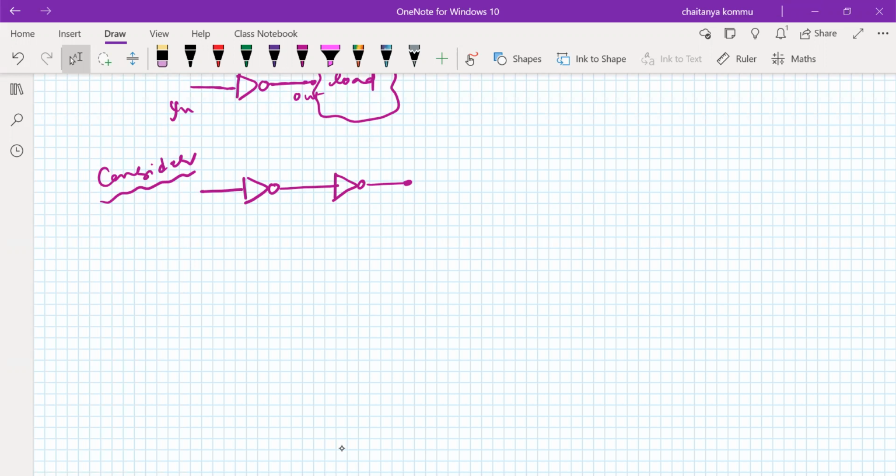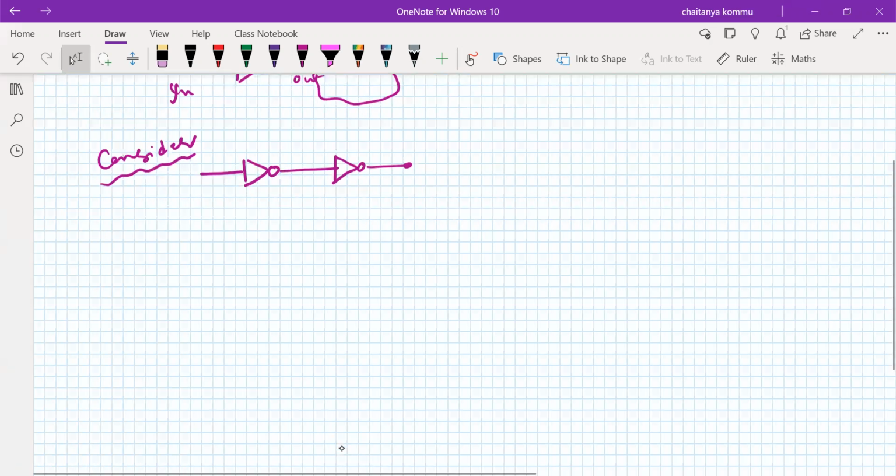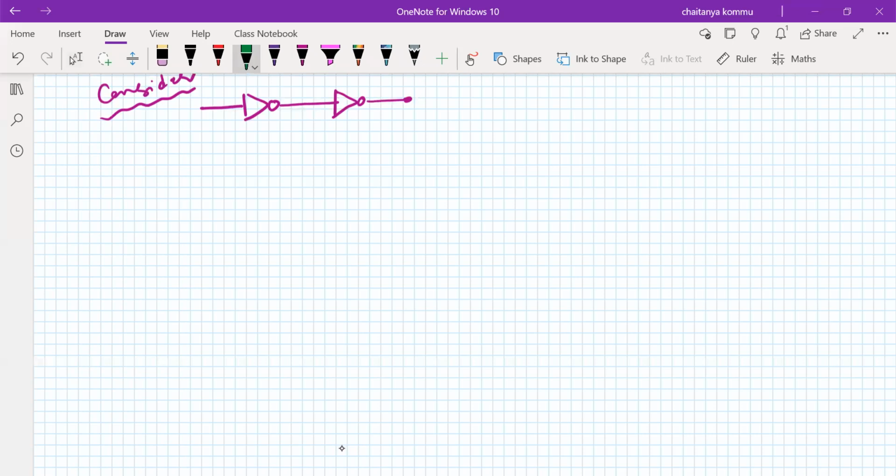So we have a depletion mode transistor, something like this, and this must drive another inverter of the same type.